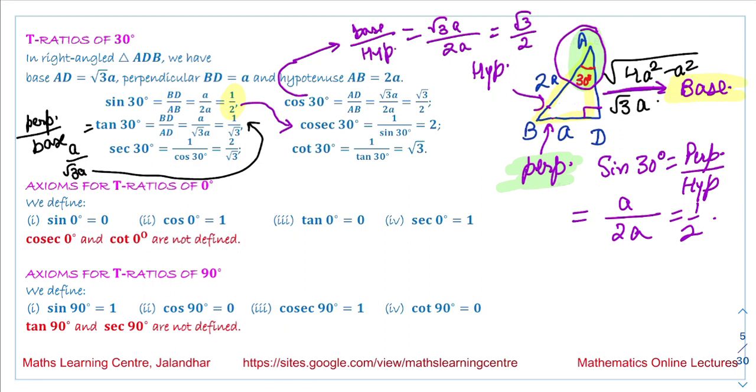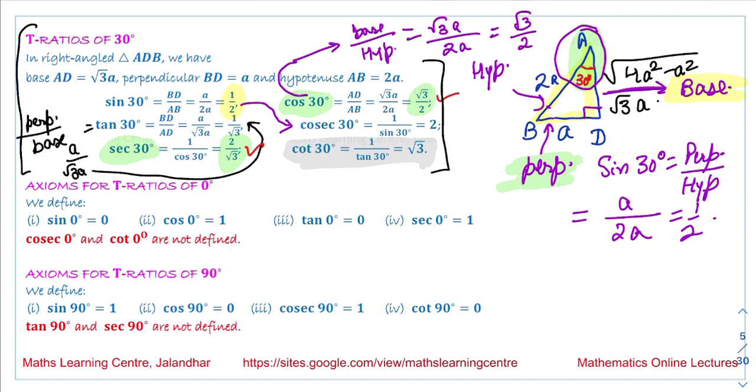Then cos we have root 3 by 2. So for secant, the value of cos 30 degree is root 3 by 2, so the value of secant 30 degree will be 2 by root 3. And last we are talking about the value of cot 30 degree, which is 1 by tan 30, that is equal to root 3. So these are the trigonometric ratios corresponding to the 30 degree angle.